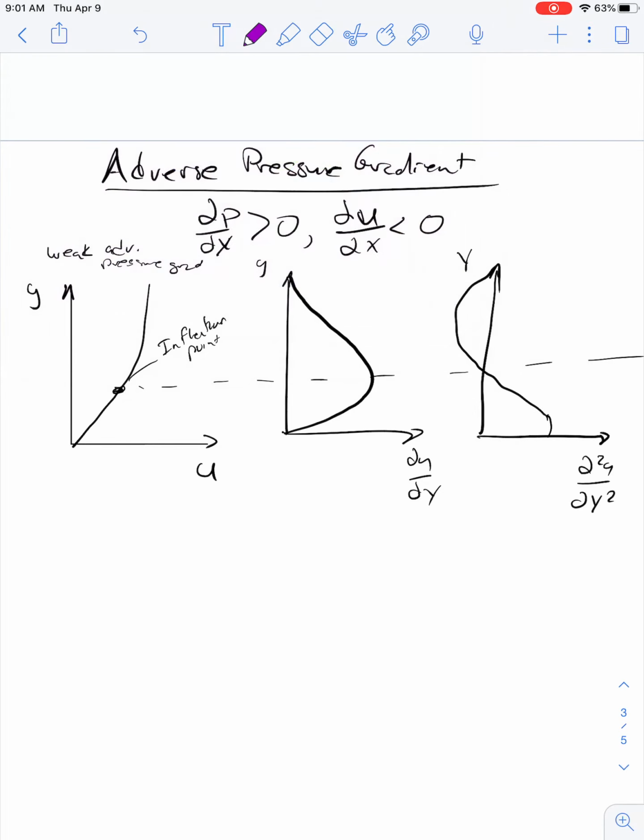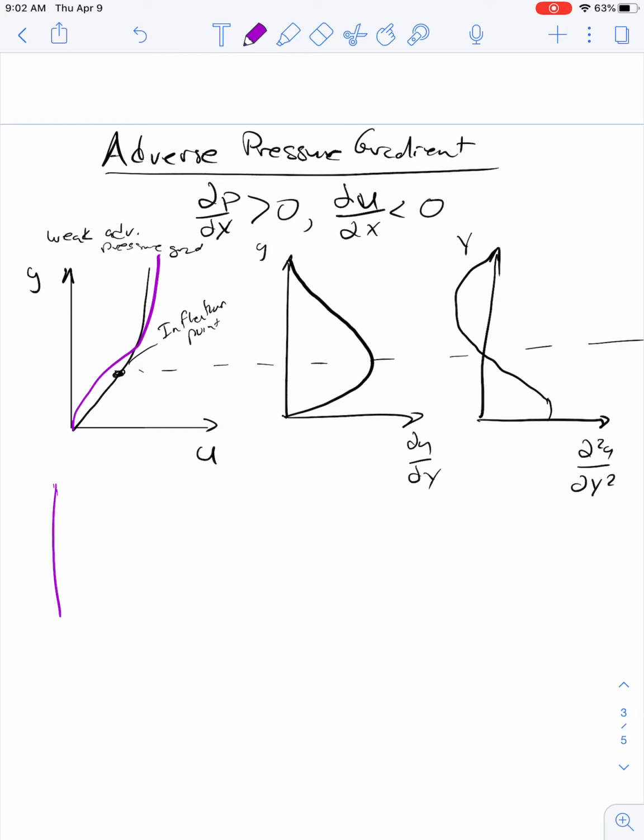Then what if we increase the pressure gradient a little bit more? There'll be a situation where the gradient at the wall is 0, and then it'll increase again and then decrease.